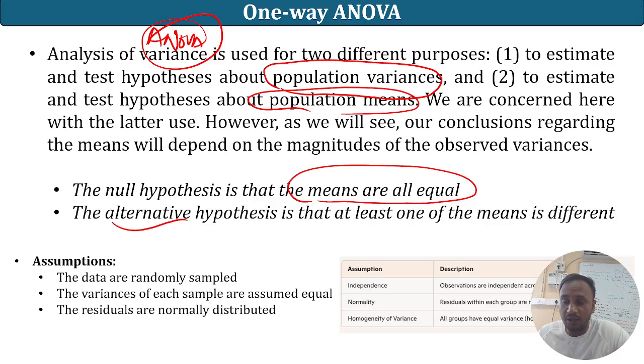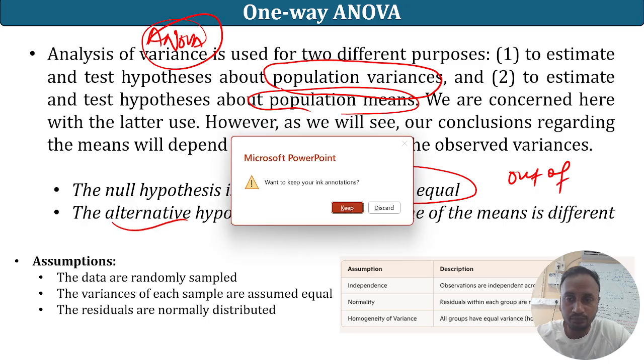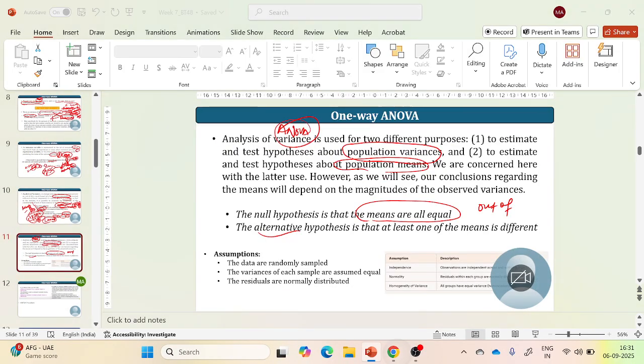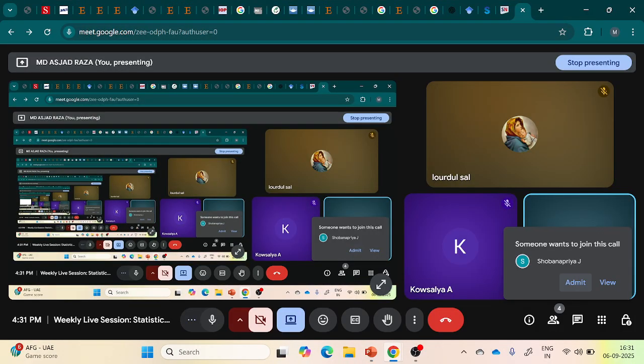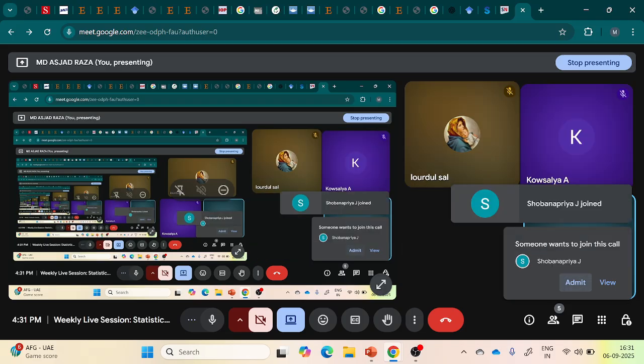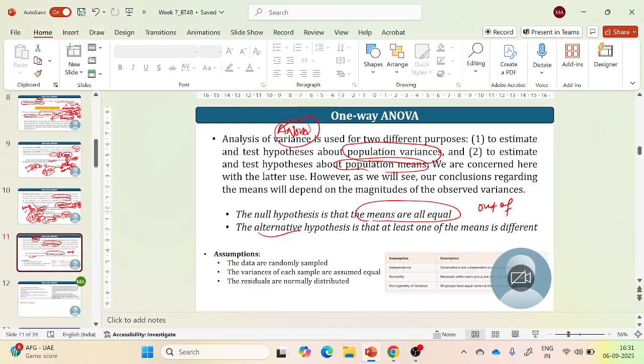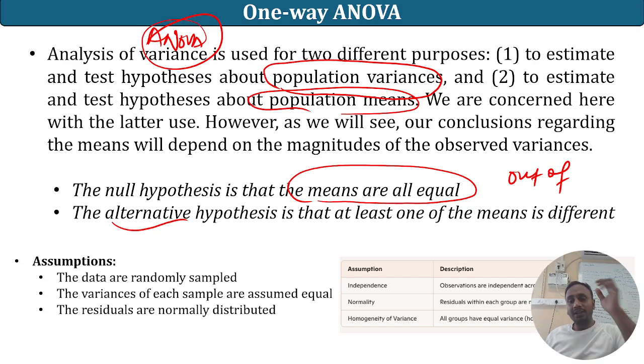There is no bar or limitation that all the samples or groups should be different. So we have the null hypothesis, which says all the means are equal, let's say for three groups, four groups, five groups, and so on. The alternative hypothesis is that at least one differs.